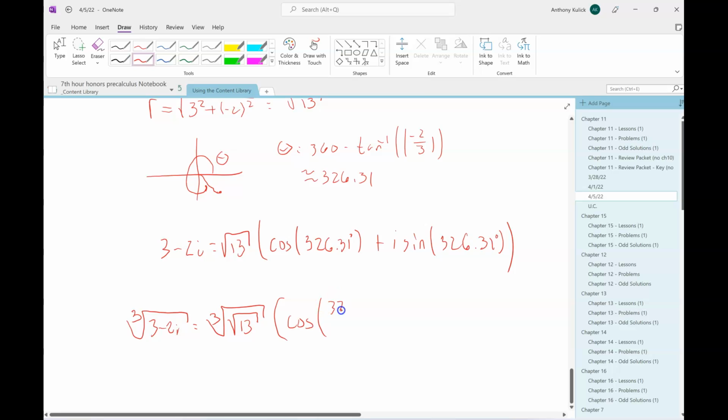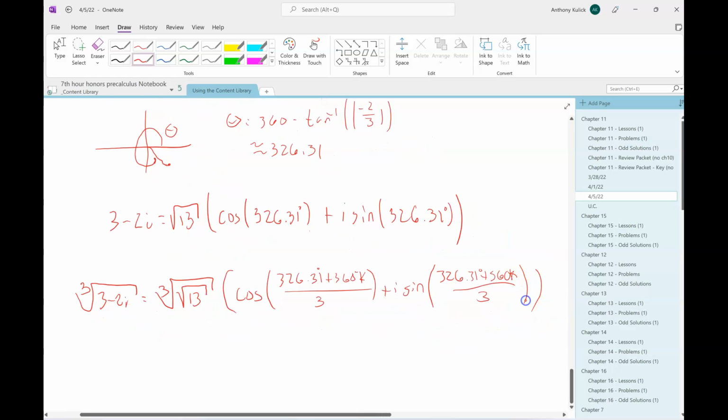Times cosine of (326.31 plus 360k) over 3, plus i sine of (326.31 plus 360k) over 3, for k equals 0, 1, 2. Any questions on how I got here?